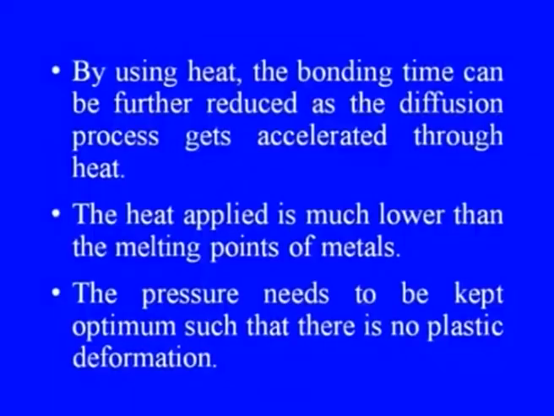By using heat, the bonding time can be further reduced as the diffusion process gets accelerated through heat. The heat applied is much lower than the melting points of the metals. The pressure needs to be kept optimum such that there is no plastic deformation.